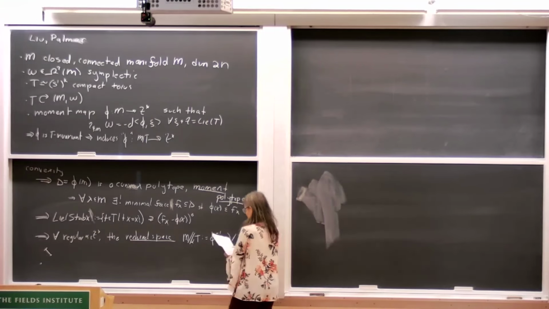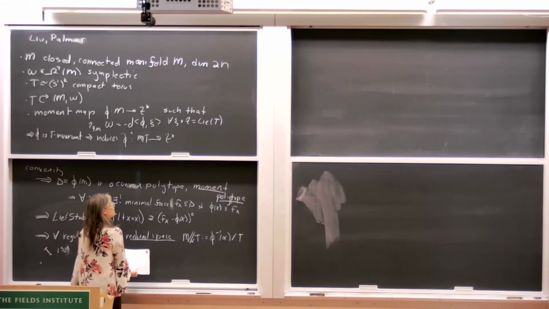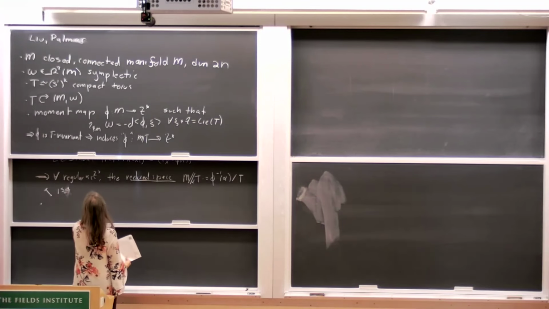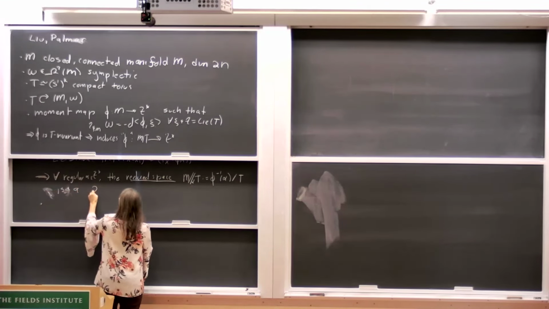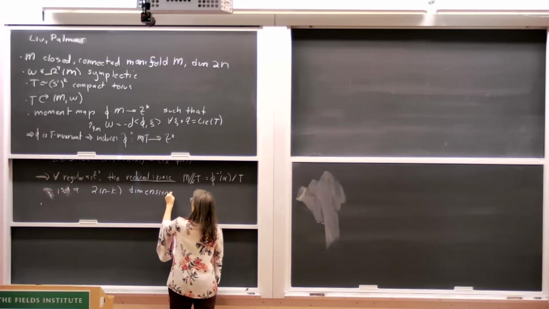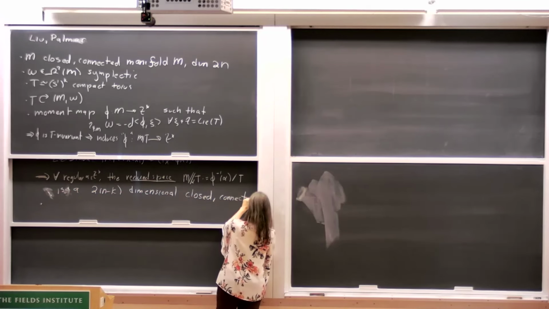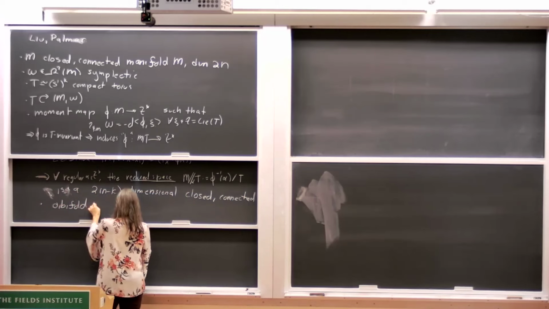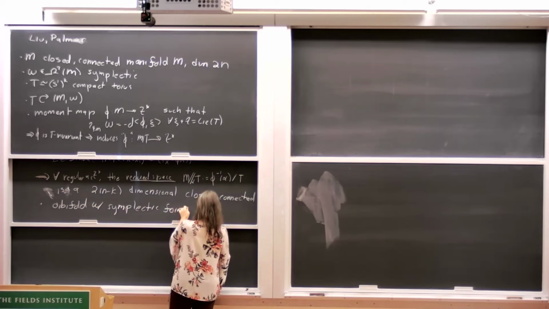So let me just say, this is... that's invisible. Okay. Sorry. All right, so this is that. Hopefully that's visible now. So this is a 2n minus k dimensional closed connected orbifold with symplectic form omega alpha.